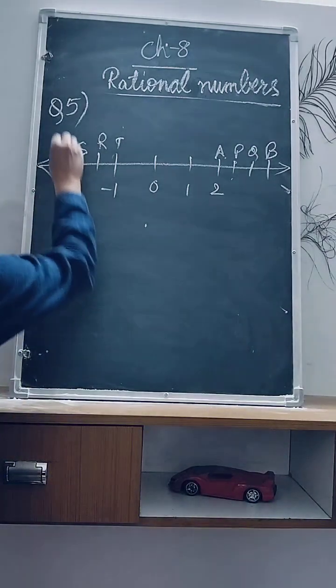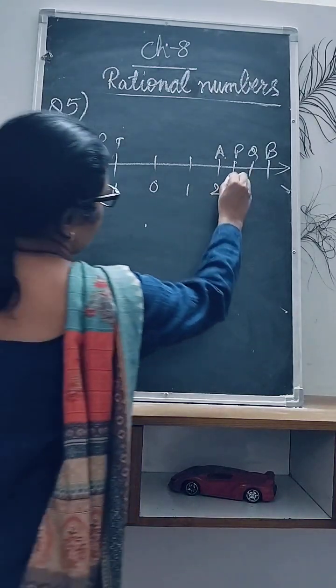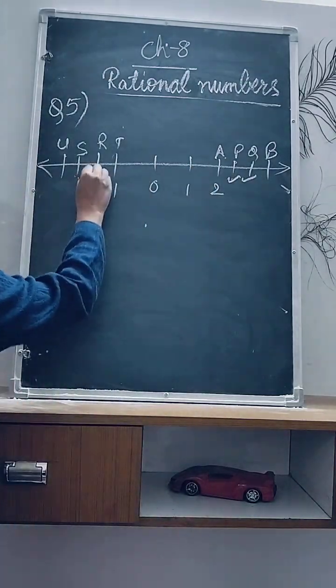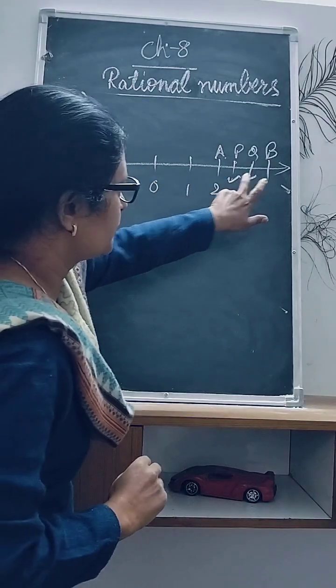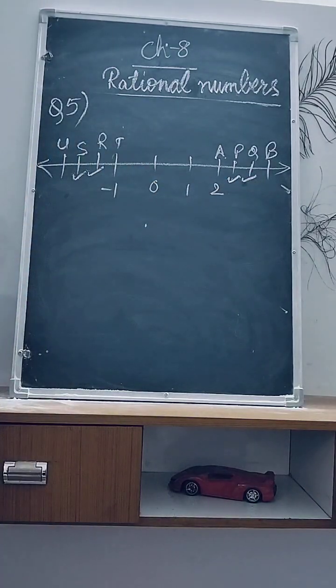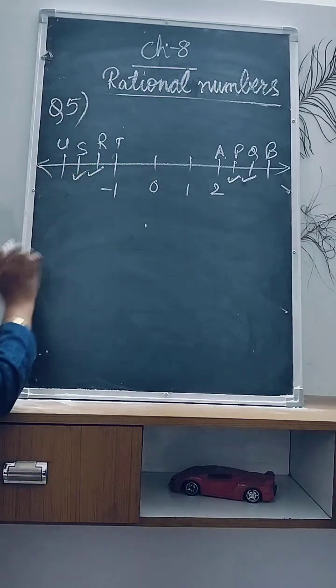Now students, they have told us to find P, Q, R and S. We have to find their rational numbers. Firstly, students, see how many intervals there are.